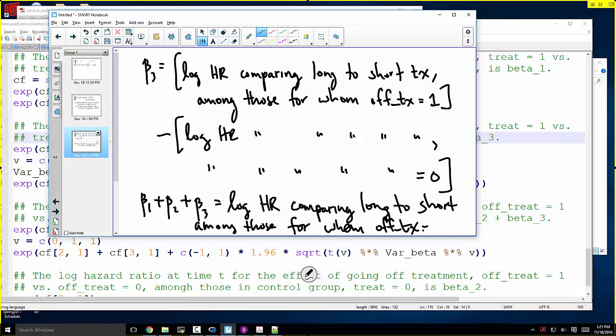So they have dropped out. If I wanted a confidence interval, say, for a hazard ratio comparing long to short among those who have dropped out, I could look at beta 1 plus beta 2 plus beta 3, get an interval for that, and exponentiate that.